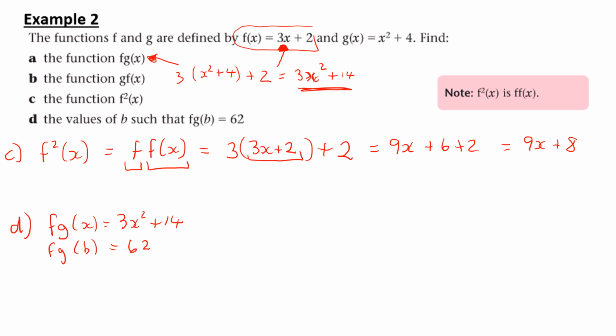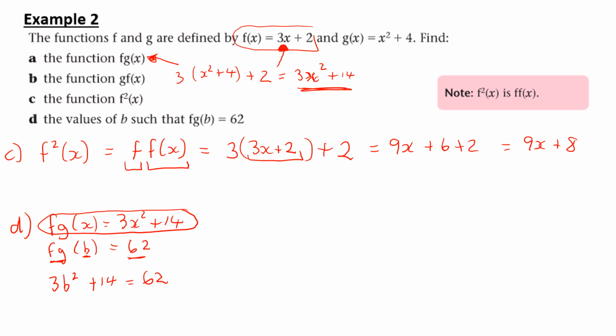So that means when I change the x's to b's, so when I substitute b into this composite function, I need the answer to equal 62. So into that function that I've already worked out, I'm going to substitute in b with the x's. So I'm going to make that 3b squared plus 14. And when you sub b into this composite function, the answer has to equal 62.